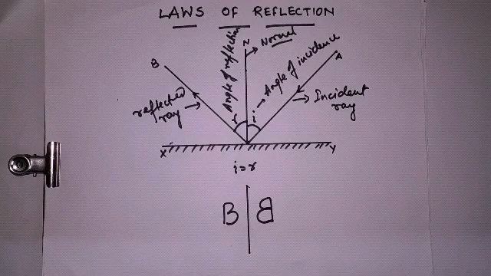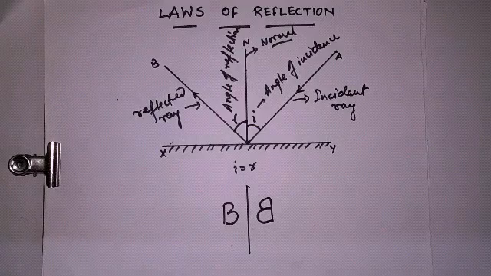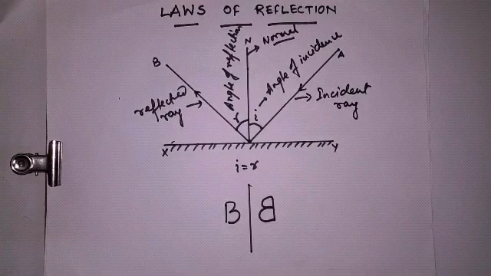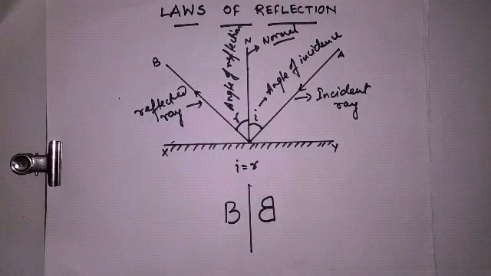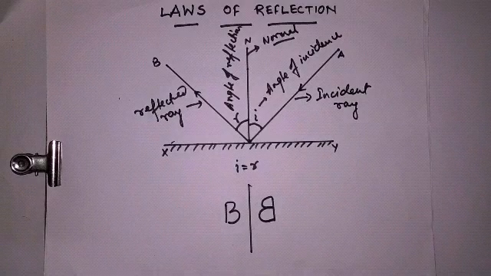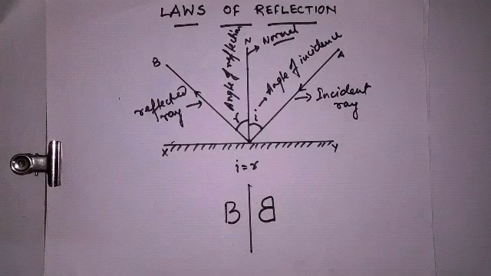that is multiple image formation by two mirrors inclined at a particular angle. Why am I saying this is important? Because on this topic you will be getting numericals also. So let's see what we can study in this part.